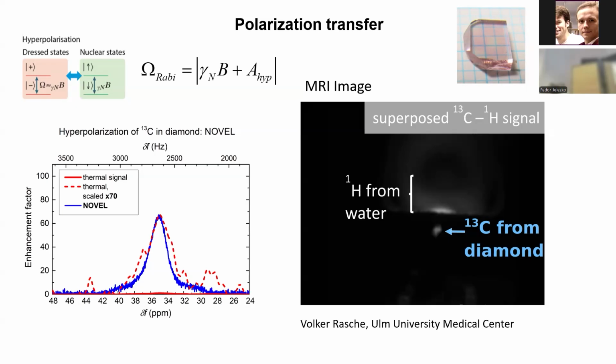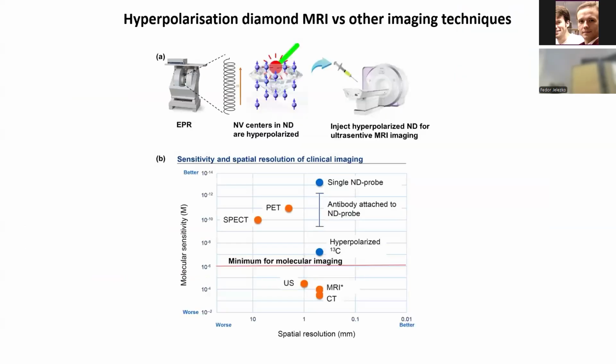You can even image this diamond inside an MRI scanner, even though the number of carbon-13 nuclear spins here is not very large. This piece of diamond is seen as a carbon-13 signal, and this is the MRI image obtained in collaboration with Volker Rasche from Ulm University Medical Center.